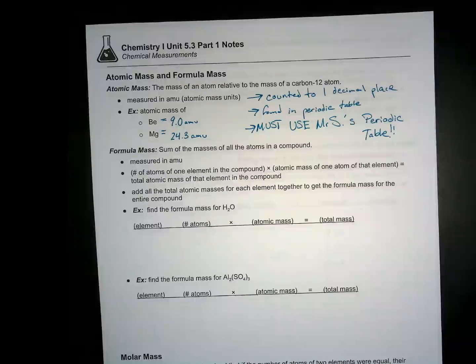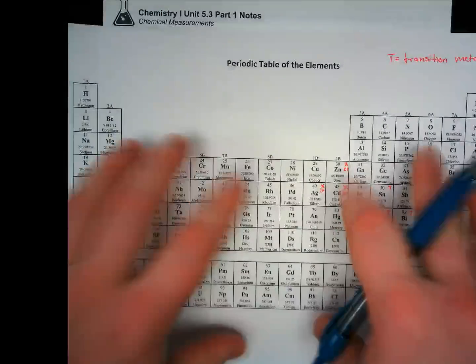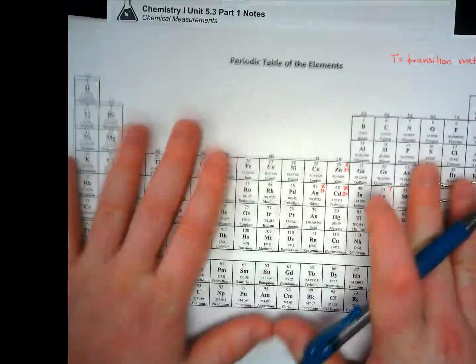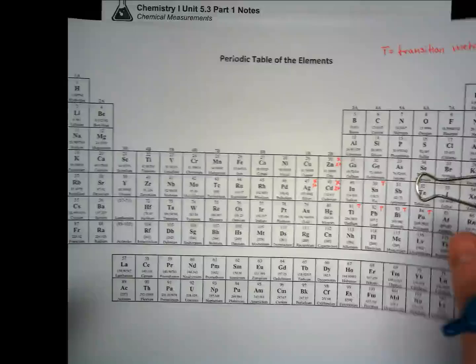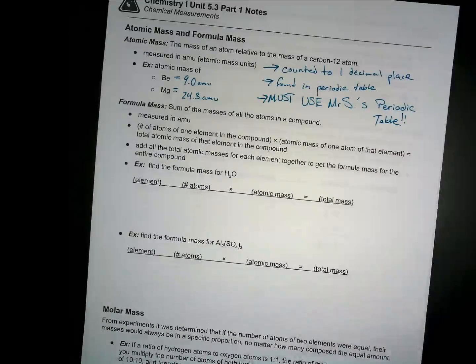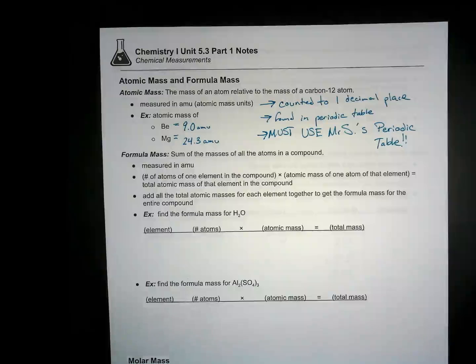So in order to make sure that we have completely consistent answers, they need to be atomic masses that come out of the periodic table that I give you. Okay? Super important. I'm sorry if you got them from P-Table or from a website, and it may be an accredited website, that's fine.